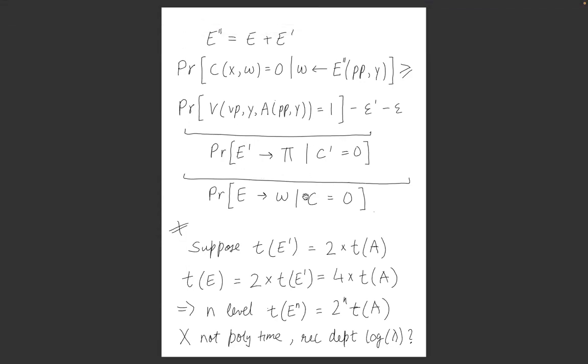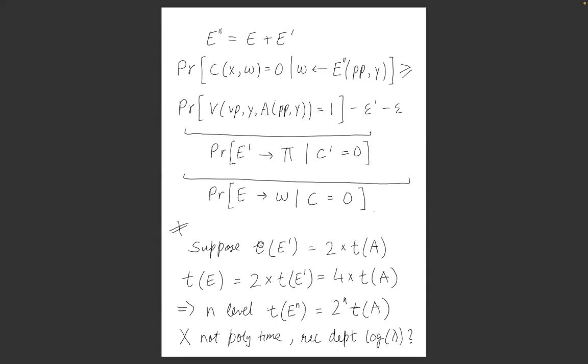Now there is a subtle point: the time it takes for the extractor should always be polynomial time, because we want these proofs to operate in polynomial time.